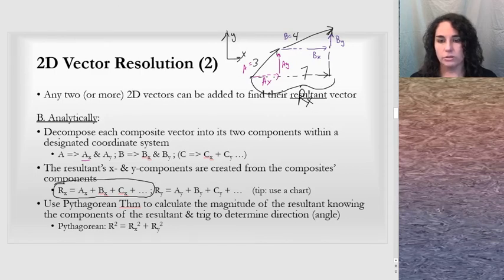This is Rx. Notice also that this is Ry, right? If I add Ay and By, it gives me all of Ry. Once I get Rx and Ry, now I have a resultant vector that I'm able to draw in here.